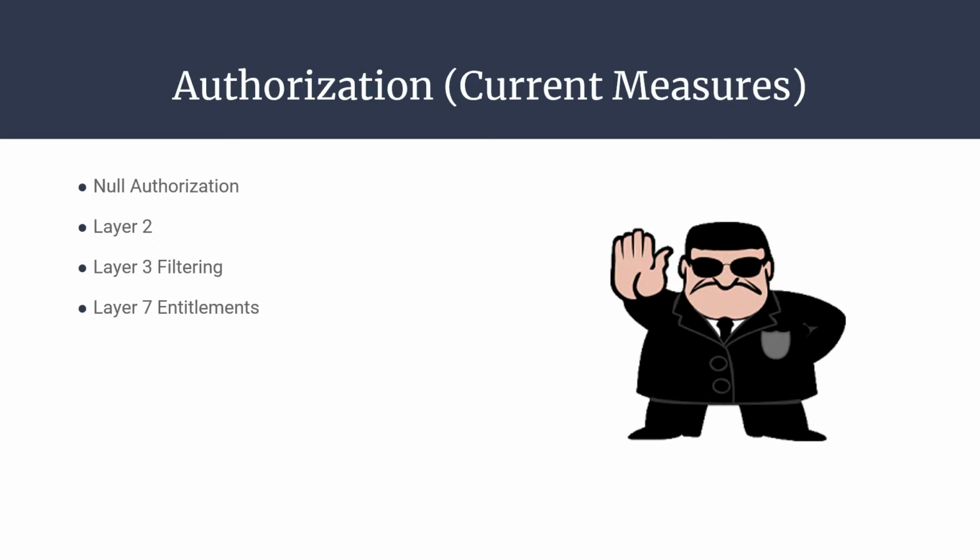Next would be network traffic filtering by controlling access through access control lists, or ACLs, implemented in the perimeter and interior firewalls. Finally, authorization measures would be put into place at the application layer. This would be assigning user entitlements.